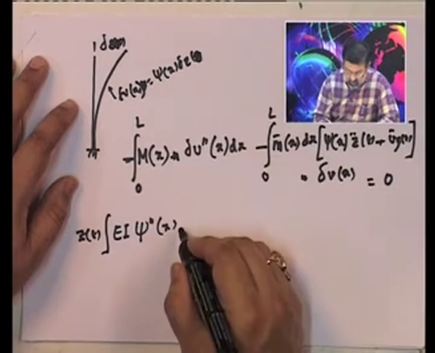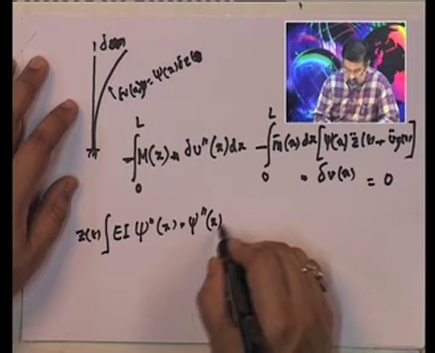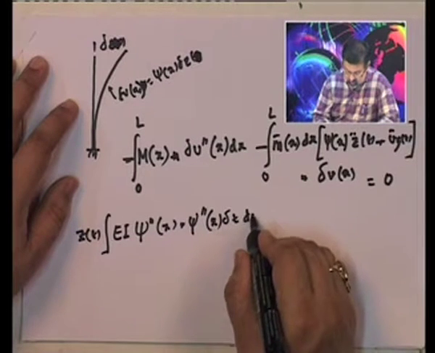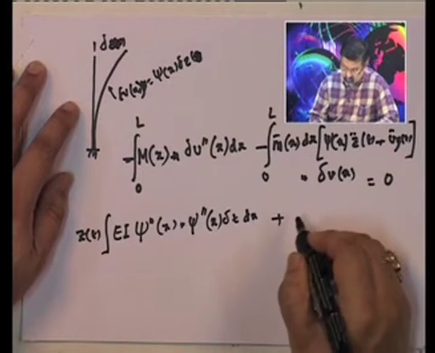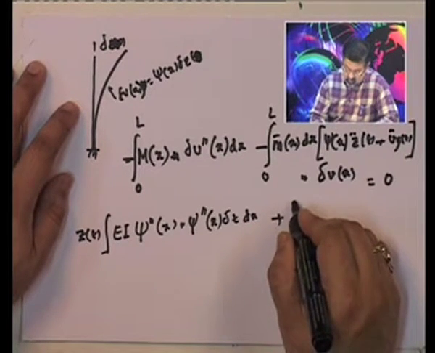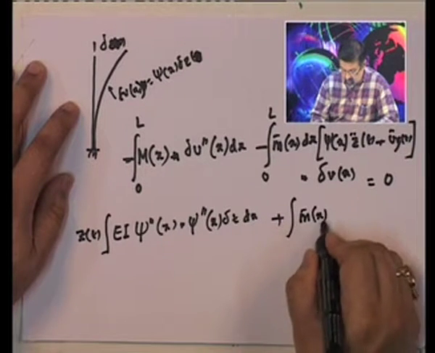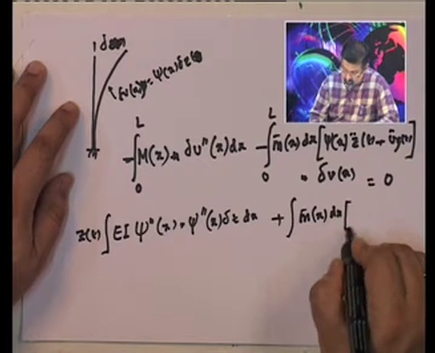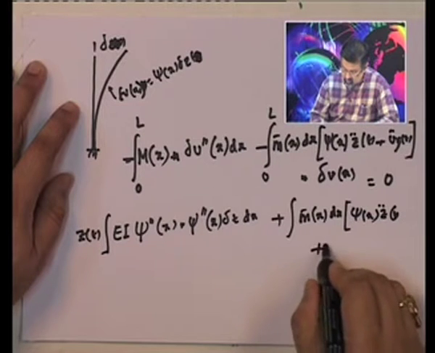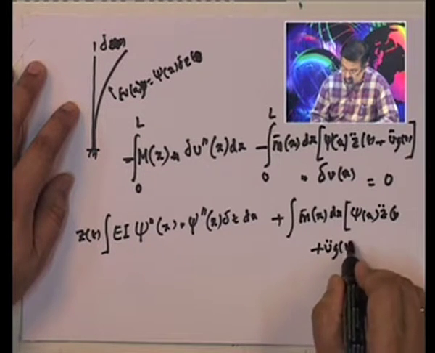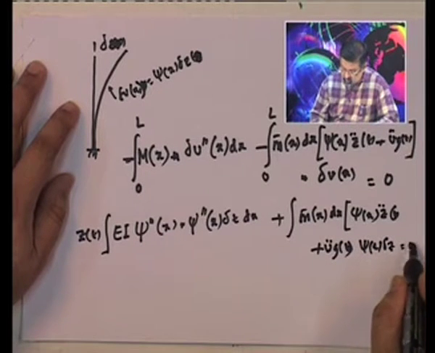Then del v is equal to xi x double prime del z into dx, plus I am going to put the term in here. So, this is going to be equal to m bar x dx into xi x z double dot plus v g into xi x into del z equal to 0.